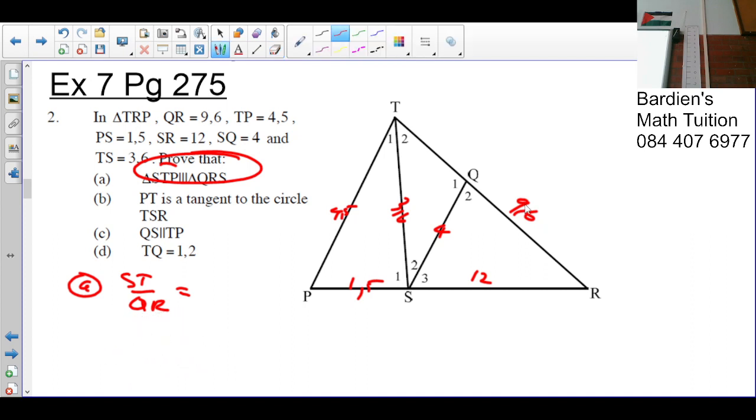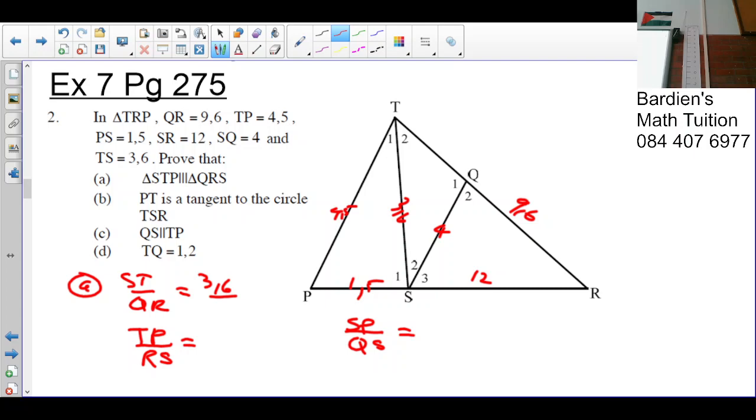Yes, that's correct. So ST is 3.6 over QR.